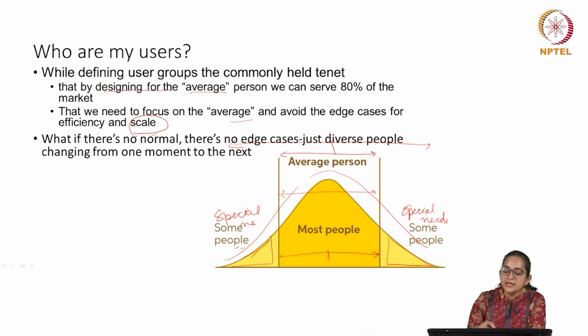And also in any of such graphs, we are mostly focusing on one of the parameters. Whenever you plot something, there will only be say one parameter which is plotted. And I think we've already discussed that any good user experience always looks at several parameters.